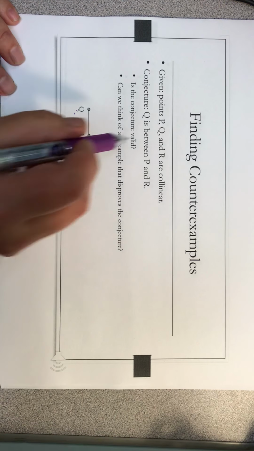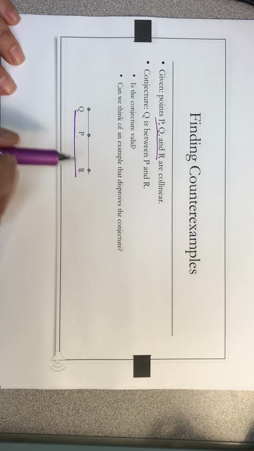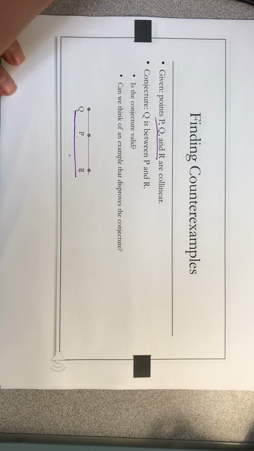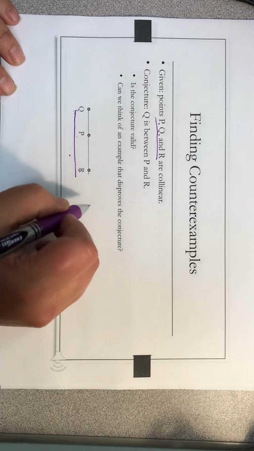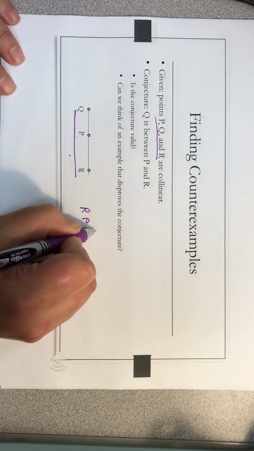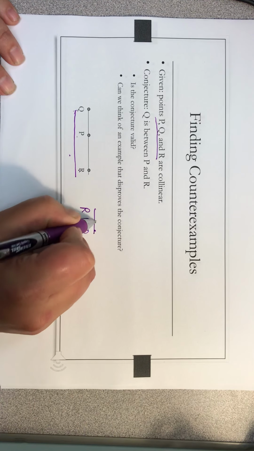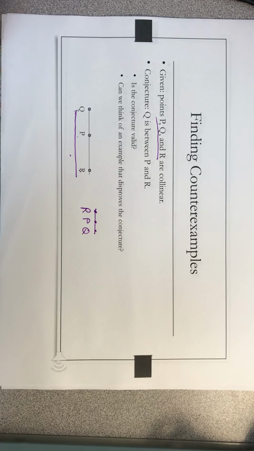They don't have to be in the order they're listed. We can put them anywhere we want because we're not given any more information in the problem. All we're told is that P, Q, and R are collinear. They could be collinear this way. They could be R, P, Q, right? Lots of different possibilities. So we thought of a counterexample, which means that this is not a valid conjecture.